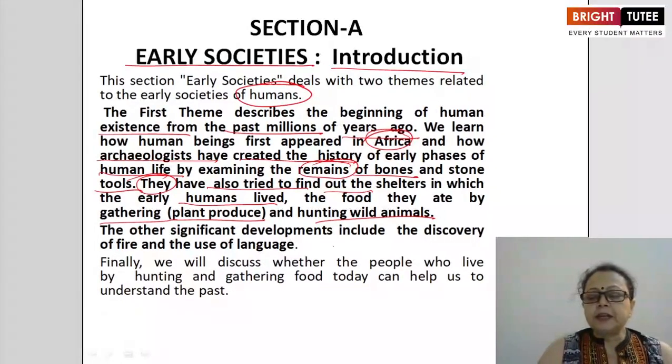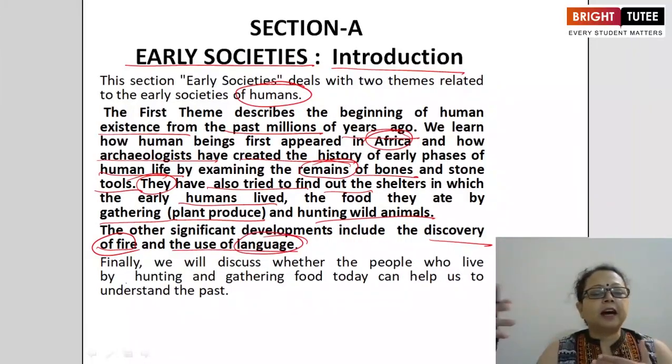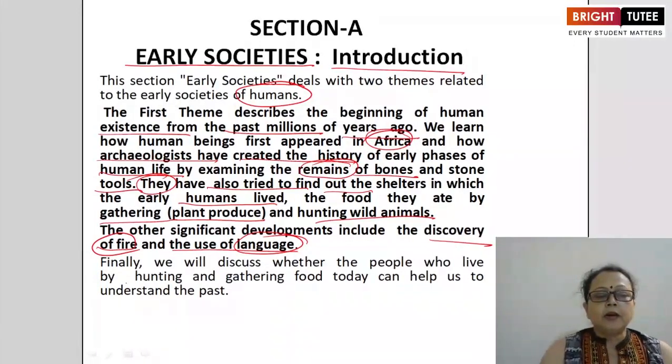The other significant developments include the discovery of fire, which was a very important discovery by human beings, and the use of language, how to communicate with other people, how it took place. So all such things we will discuss inside this chapter from the beginning of time.